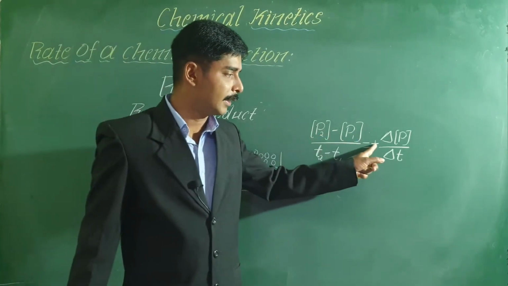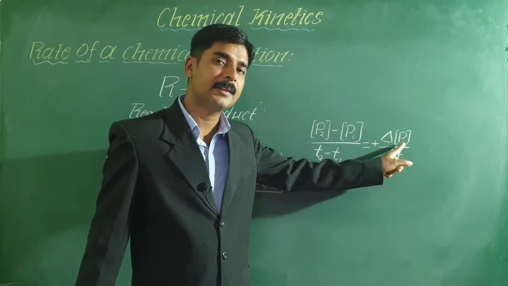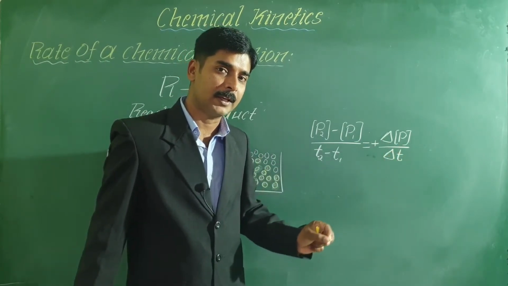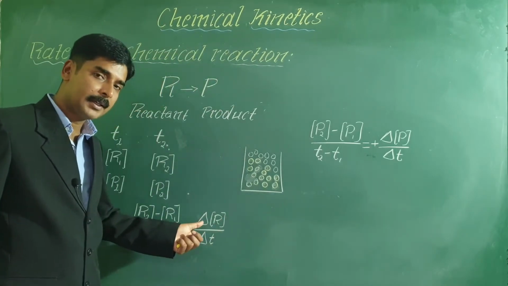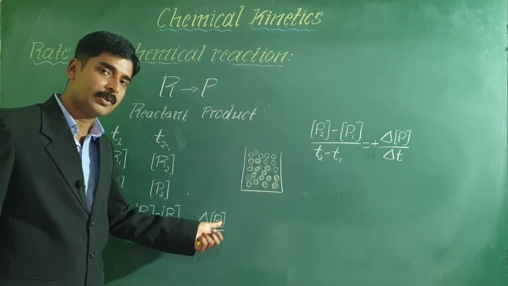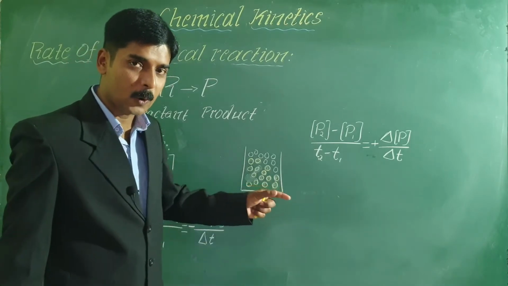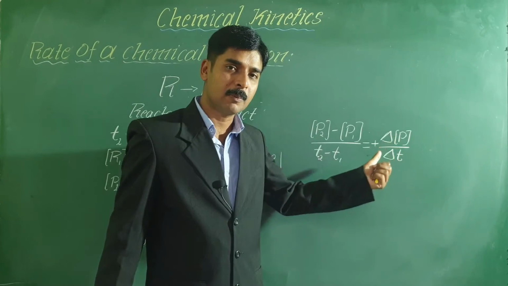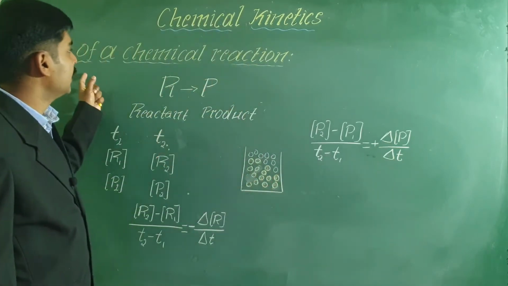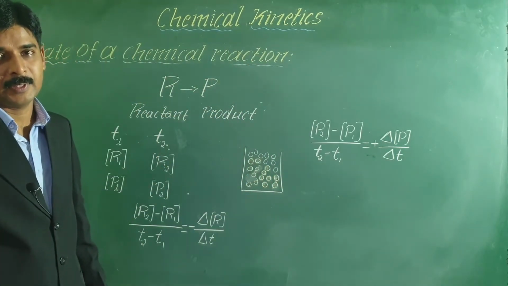This is the rate of increase in the concentration of the product. Now listen carefully. The rate of decrease in the concentration of the reactant or the rate of increase in concentration of the product is called the rate of a reaction.